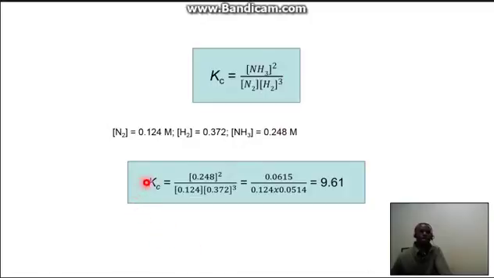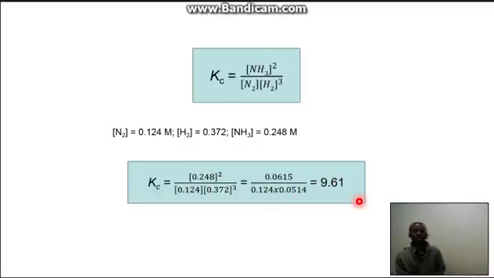You do the same for the concentration of nitrogen without doing anything to it because the coefficient is 1, and then the concentration of hydrogen to the power 3 as given here. When you solve it, make sure you are very careful with these numbers. You find that the Kc in this case is 9.61.